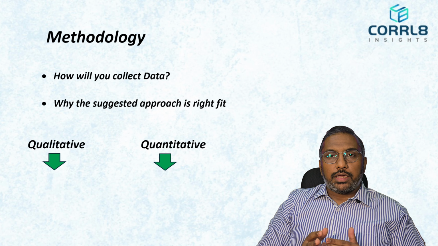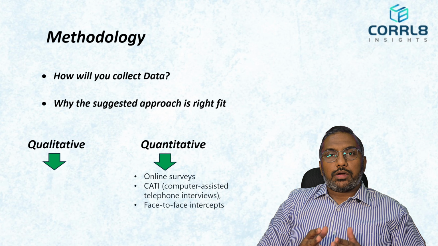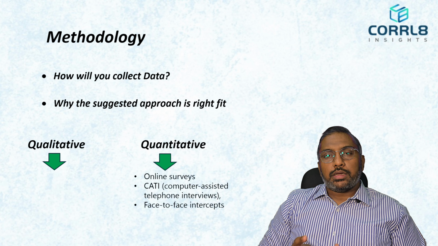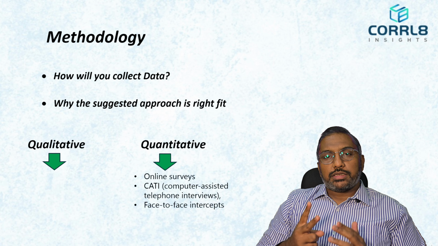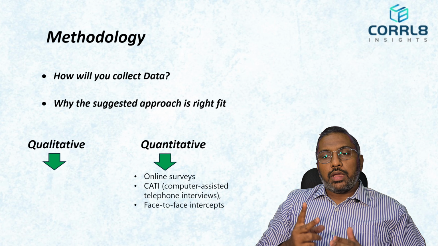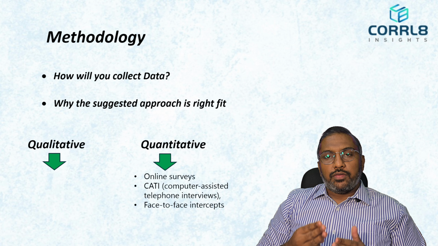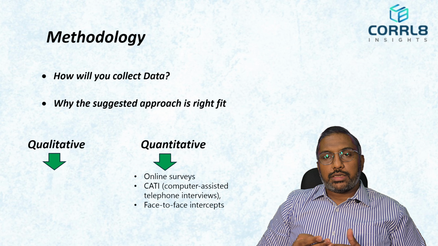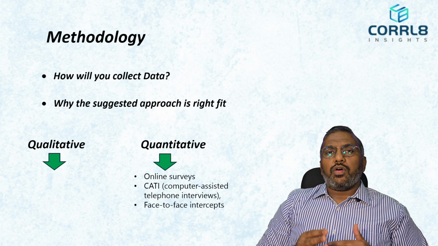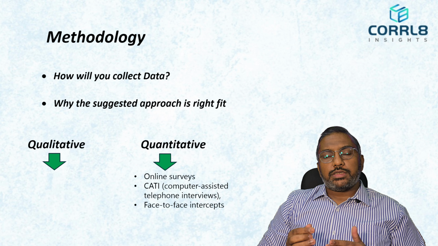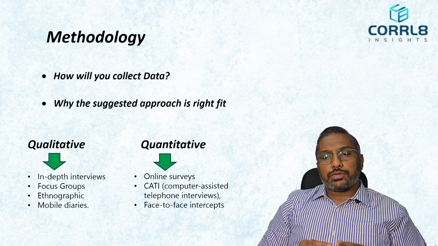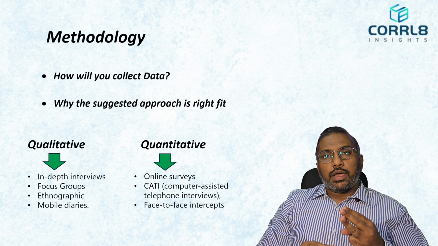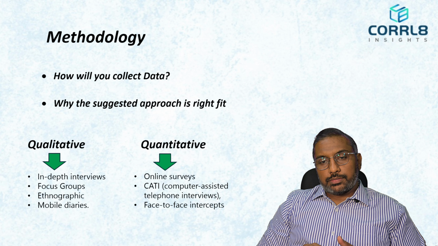For quantitative studies, the common methods include online surveys, CATI, that is computer assisted telephonic interviews, and face to face intercepts, which has methods like door to door and central location tests. For qualitative research, the options include in depth interviews, focus groups, ethnographic studies, or even mobile diaries.